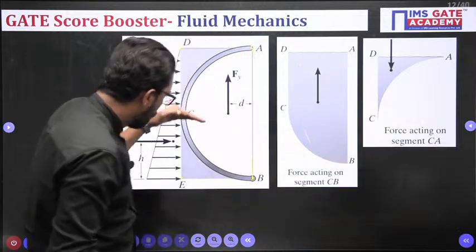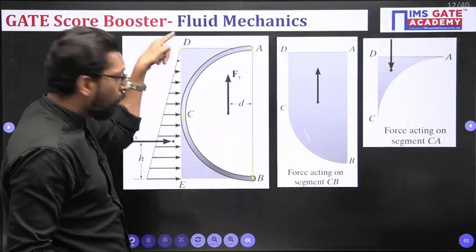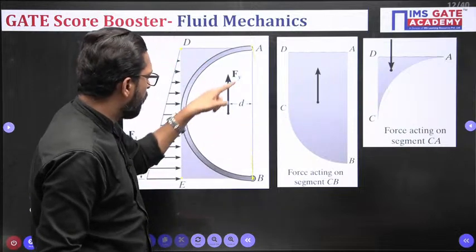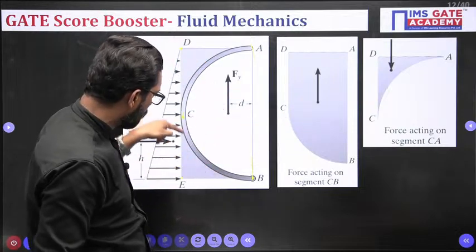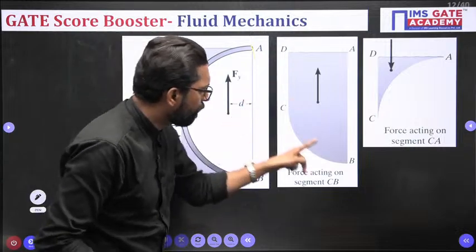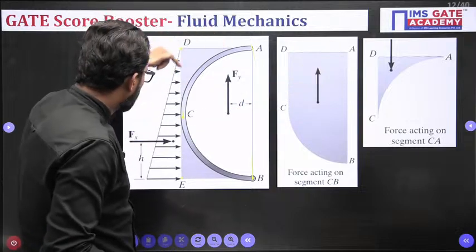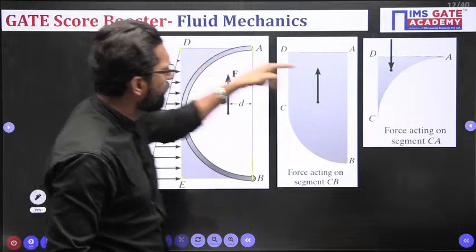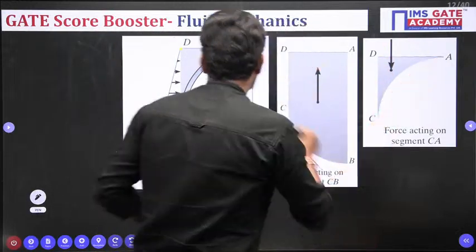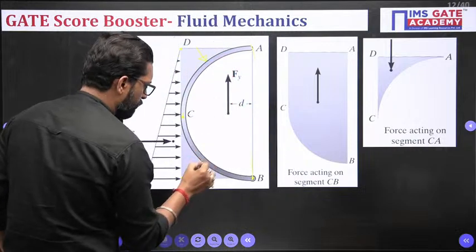Some fluid is on this side, some fluid is on the top side. So the vertical force due to this water is this volume content. This is downward, and this is a vertical force.